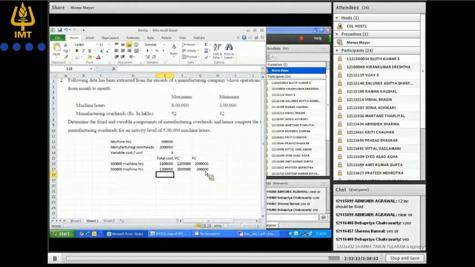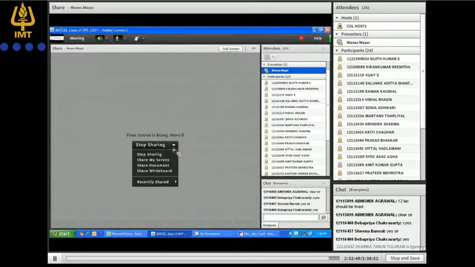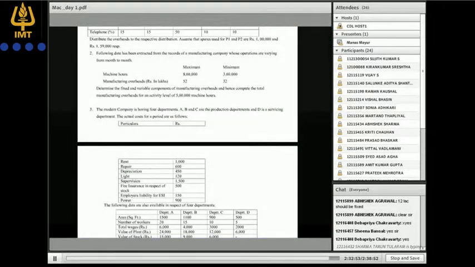Sorry. So this is your total cost for 5 lakh machine hours. Is it clear? Right.